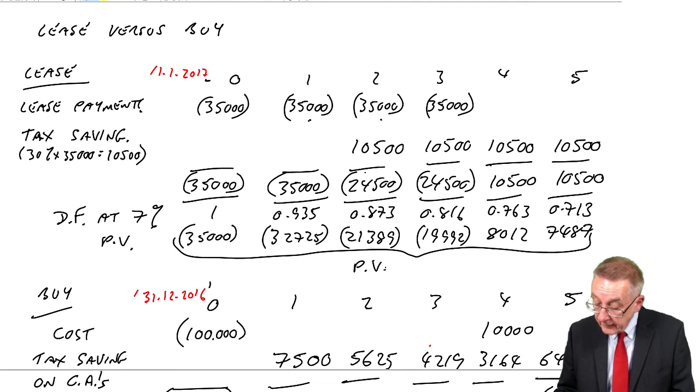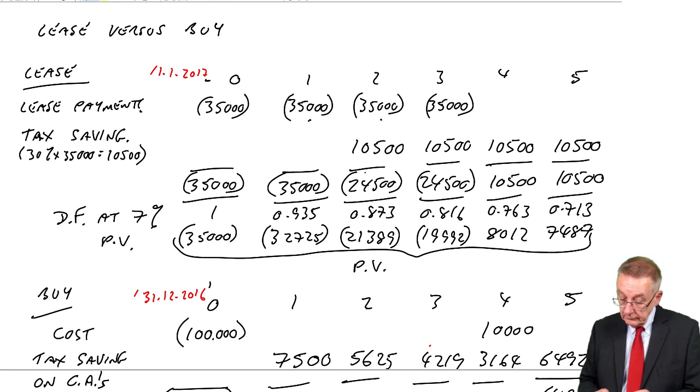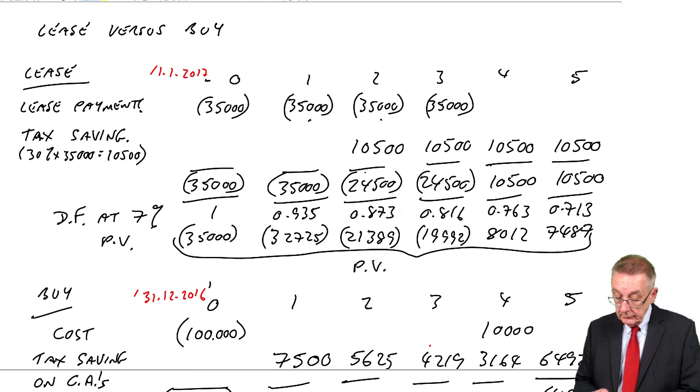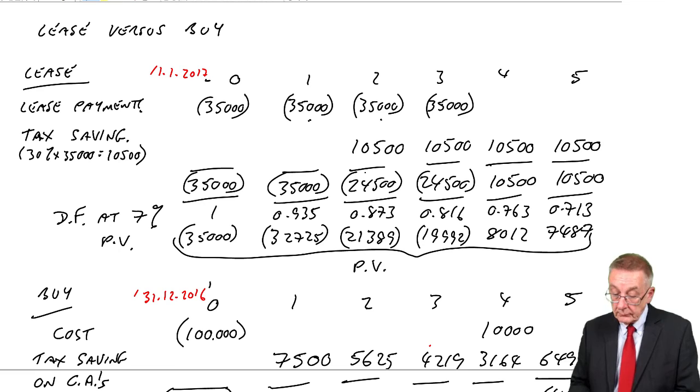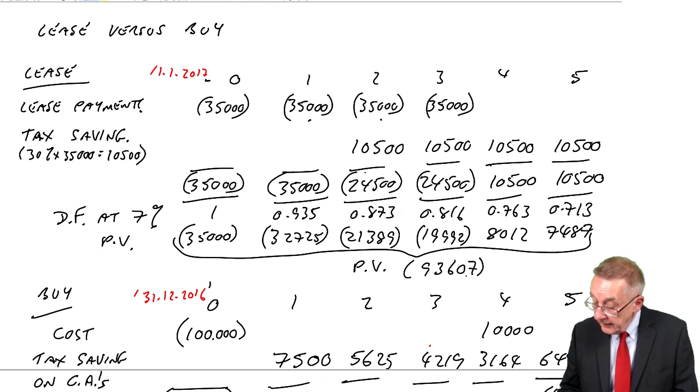The overall present value of leasing is $93,607.